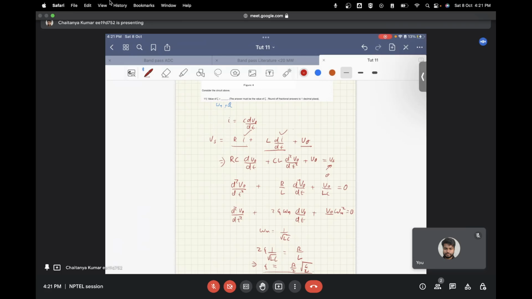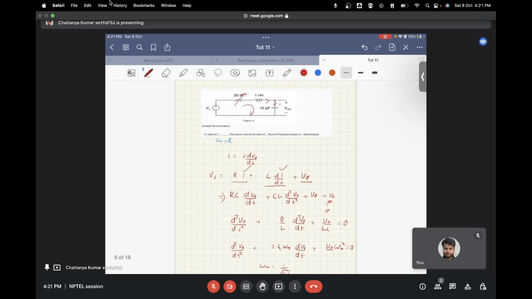And in case of the parallel RLC network, what we saw was that the damping coefficient was the opposite of this. So it was 1 by 2R times root L by C. So in that case, you need an infinite resistance so that damping is 0.